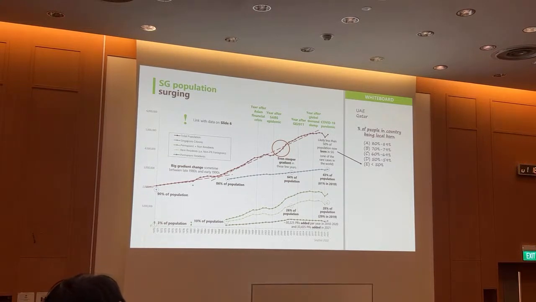So under this backdrop, what do you think is the percentage for US? For US, what is the percentage of people in US who are local born? Make a guess. Who thinks that is A? Who thinks that's B? Who thinks that's C?